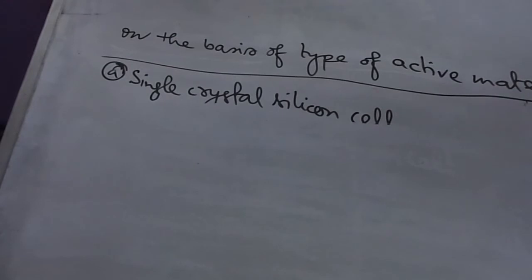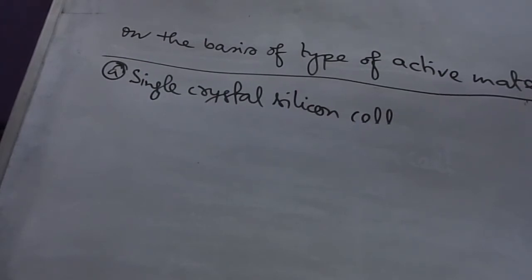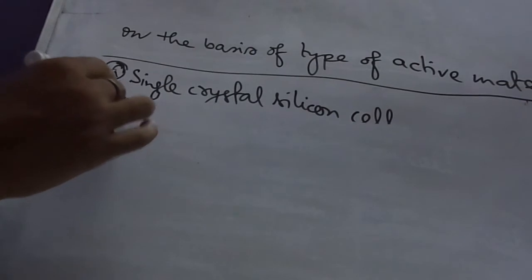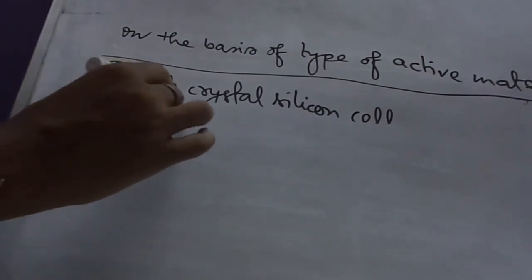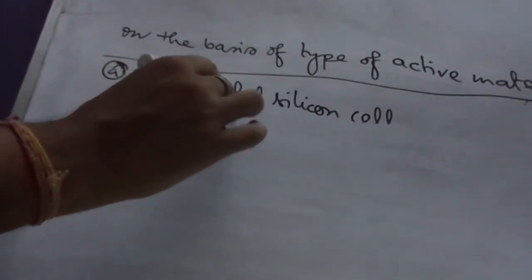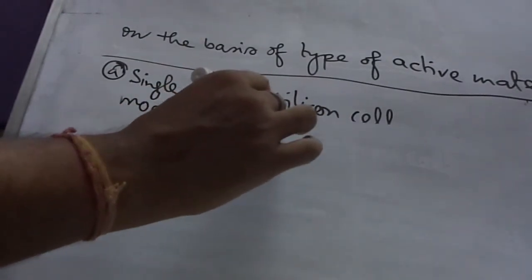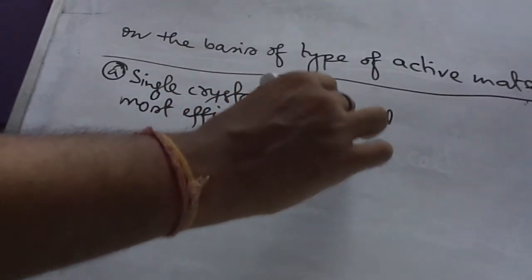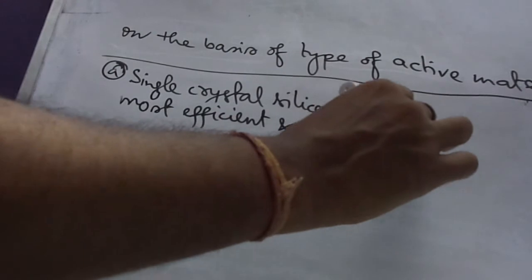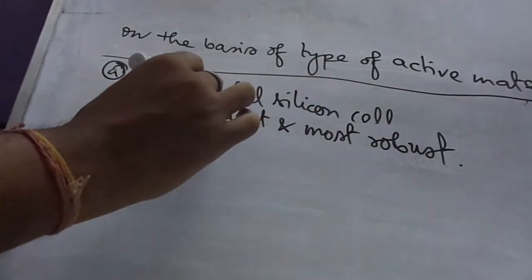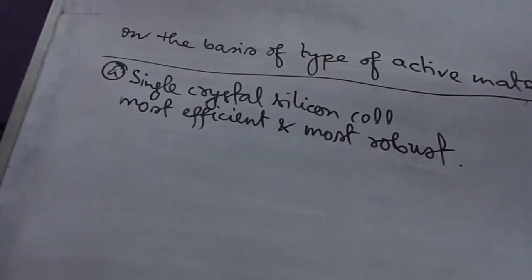Single crystal silicon cells are the most efficient and most robust of the silicon PV family.